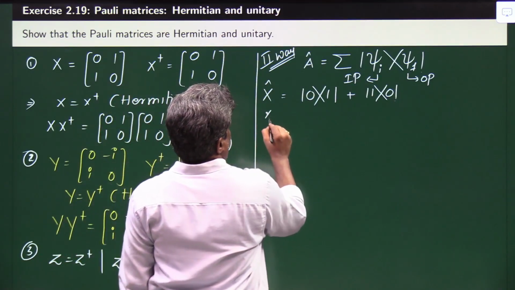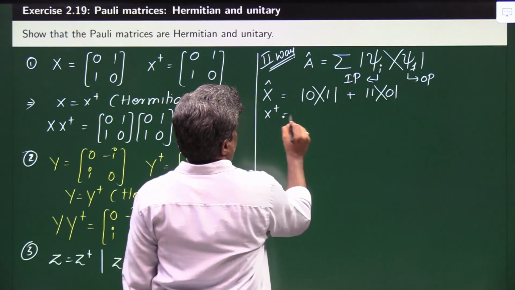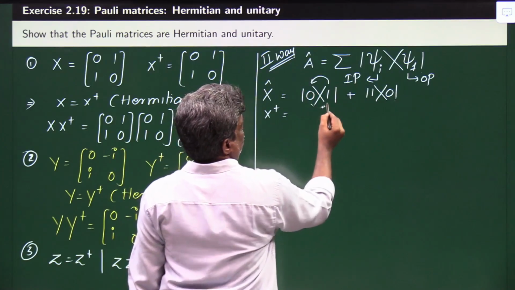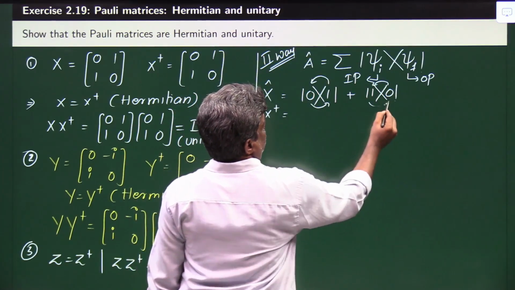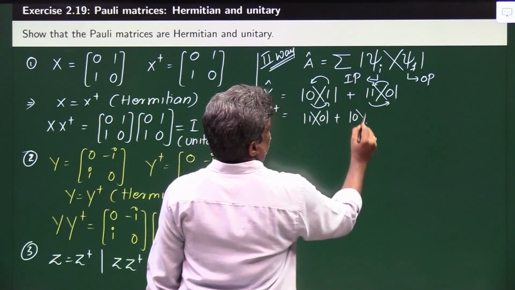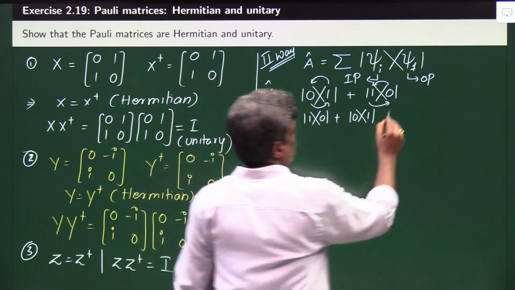Okay, and if I take the X dagger of this, the bra will become ket and the ket will become bra, and here also the same. So this will become |1><0| and this is |0><1|. Both are the same.